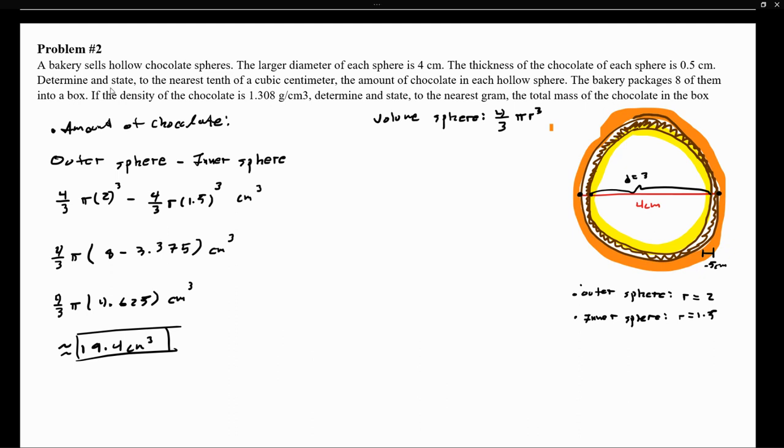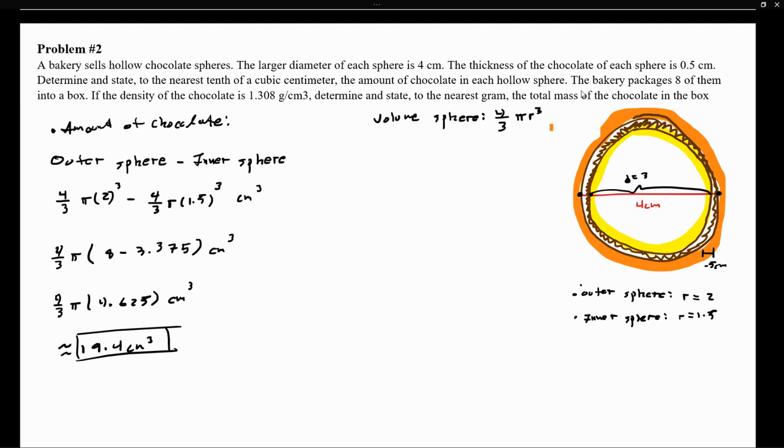What we ultimately wanted to answer is, if the bakery packages 8 of these chocolates in a box, and the density of the chocolate is approximately 1.308 grams per centimeter cubed, to determine to the nearest gram the total mass of the chocolate in a box.